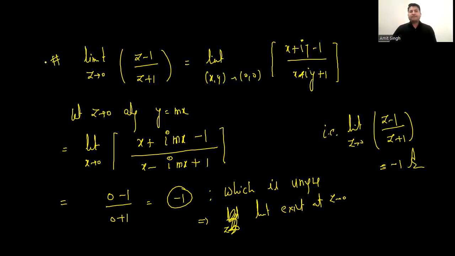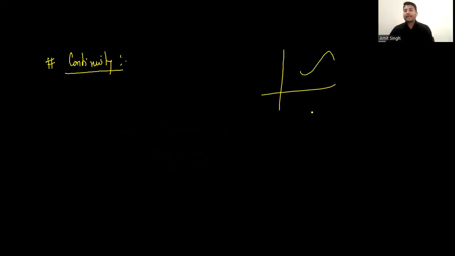The next thing that we have is continuity. What do we mean by continuity? Continuity of a complex function is the same as continuity of a real function. If I want to give you the simplest definition, a function is said to be continuous if its graph never breaks.